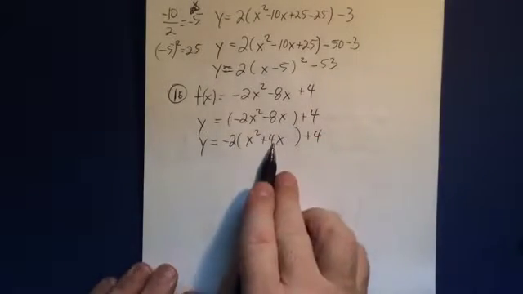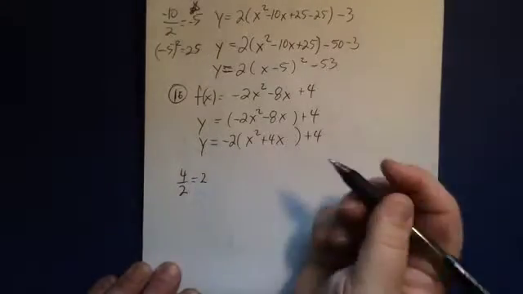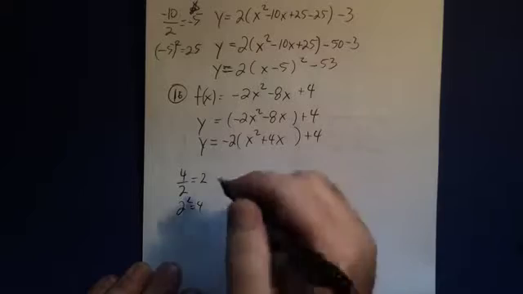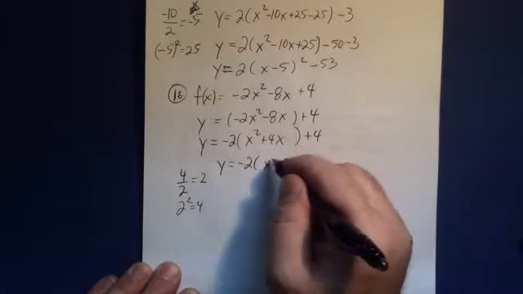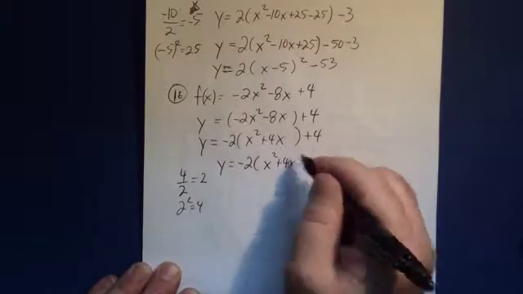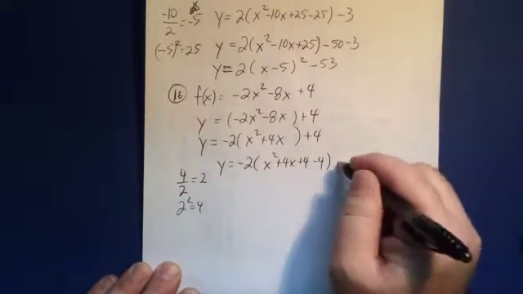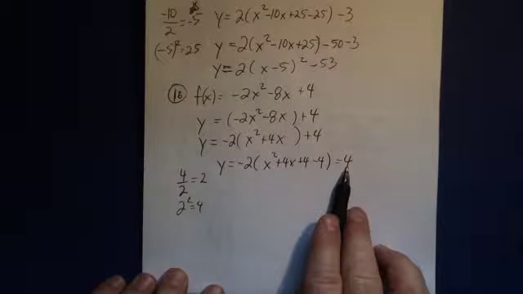So I'm going to take the b term now, take 4 divided by 2 to get 2, squared will equal 4. So I'm going to add and subtract 4 on the inside of this. So I get y is equal to negative 2 times x squared plus 4x plus 4 minus 4. Now, again, I need to take this minus 4 off and bring it here.